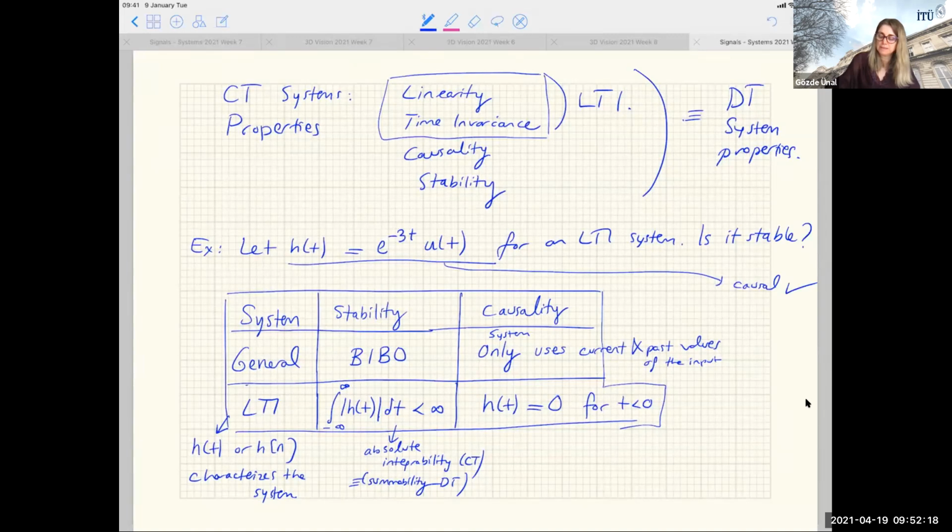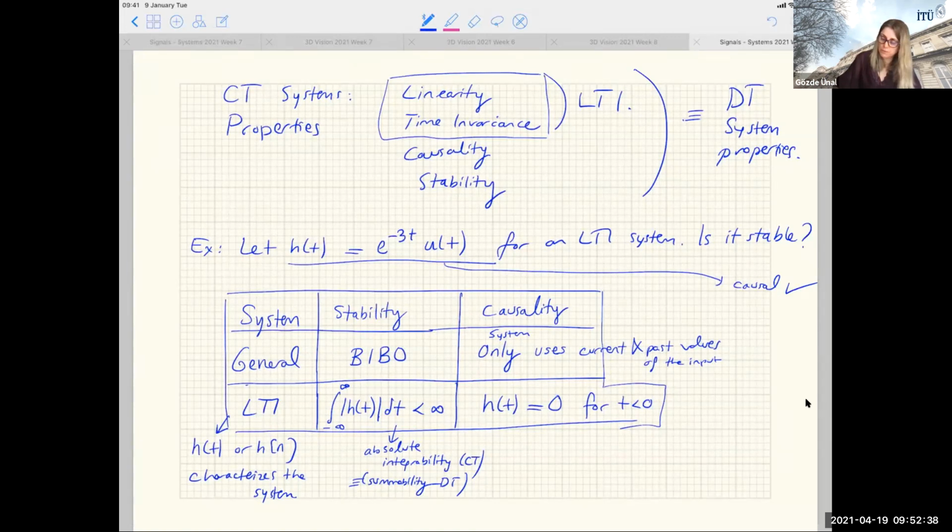And is it stable? We just have to integrate it. It looks stable to me: exponential decay, it should be stable. You guys can show that it's a finite sum.